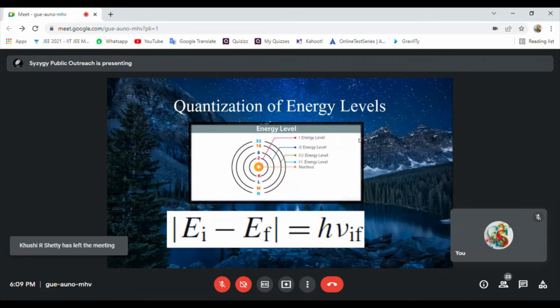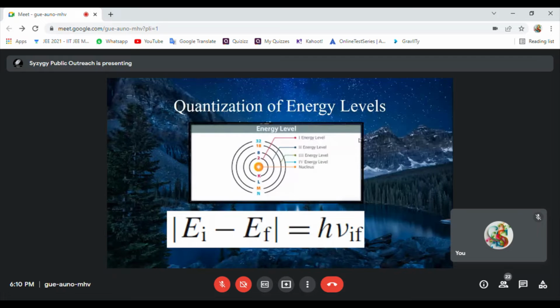It can only be in specific energy levels, which is denoted in this picture, as you can see. And another thing is that an electron tends to change its energy level upon excitation or upon any changes in energy.